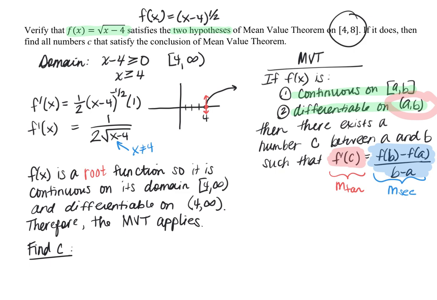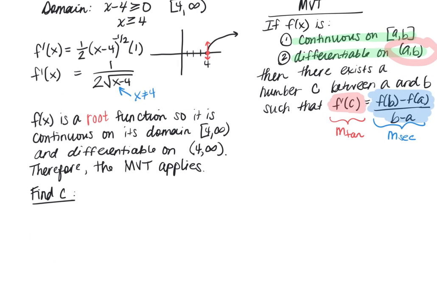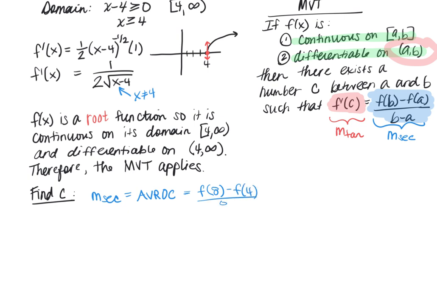So we need to find the slope of the secant line from 4 to 8. So again, I'm just trying to review everything you know right now about the slope of the secant line. It's the average rate of change from 4 to 8. So that's just going to be the slope. So we're going to go f of 8 minus f of 4, all divided by 8 minus 4.